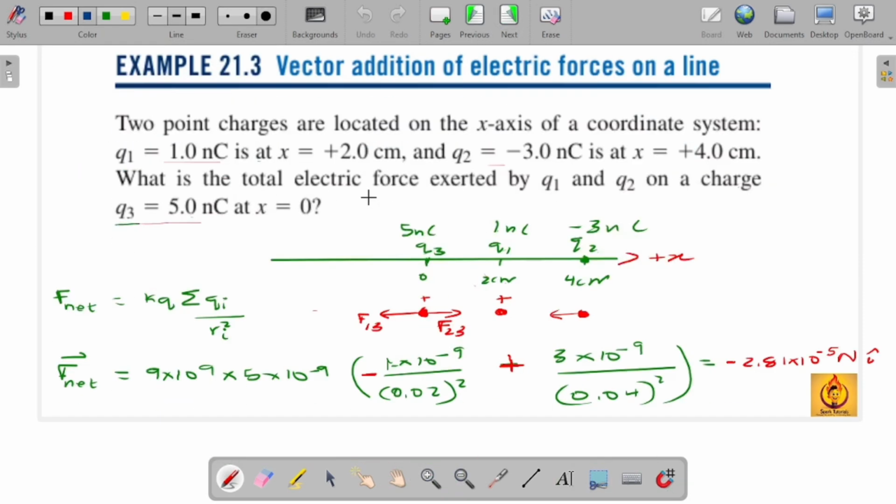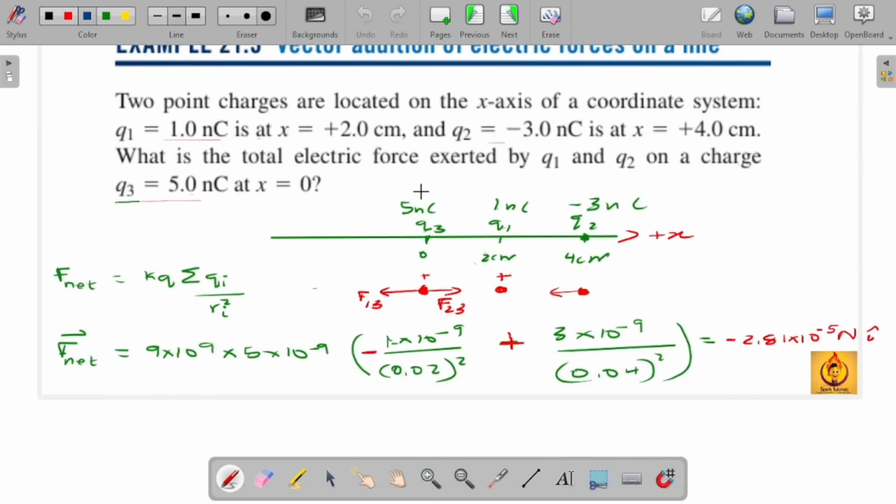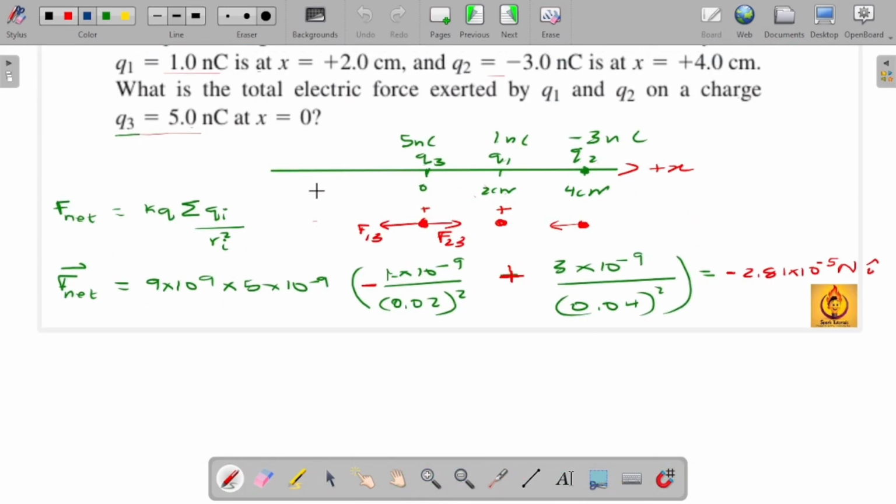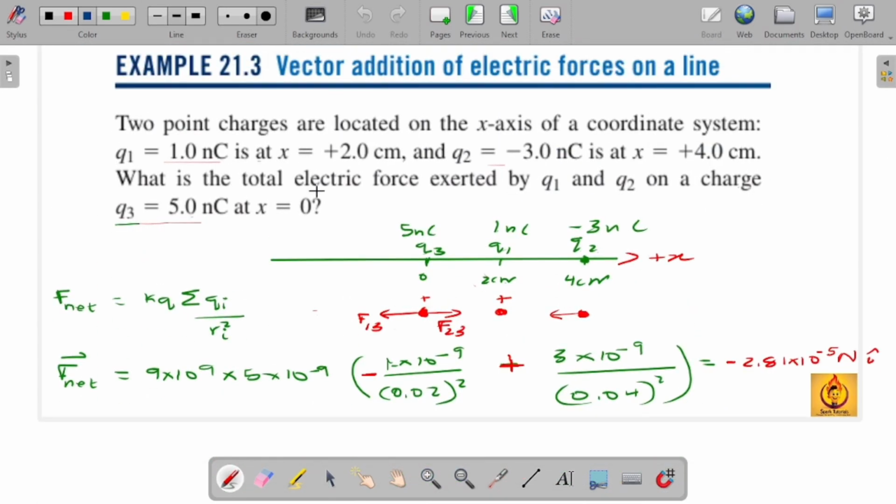And then one of the problems was to calculate the electric force between more than one charge, in fact, more than two charges. Charge 1 and charge 2 were both exerting some force on charge 3. That's where we had to use vectors to find the electric force. We used the formula which sums up the charges and their distances from the point charge we are looking at, which is charge Q3 in this case.